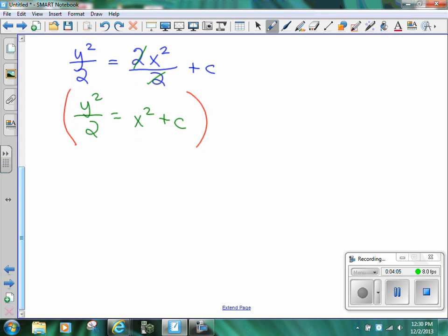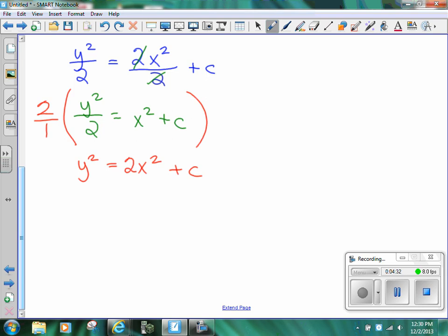Let's do that. Or 2 over 1, because when I multiply every single thing in that equation by 2, my 2's cancel for this denominator, and that leaves me with y squared is equal to what? 2x squared. Do I have to put 2c? No, because it's twice some constant. That's not going to change.